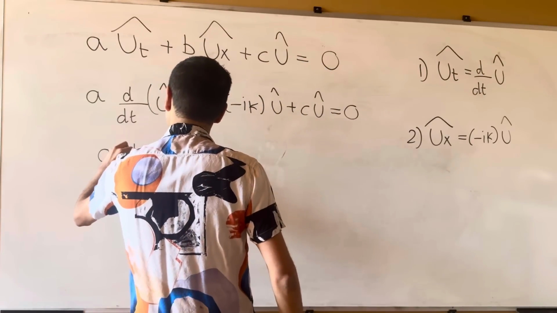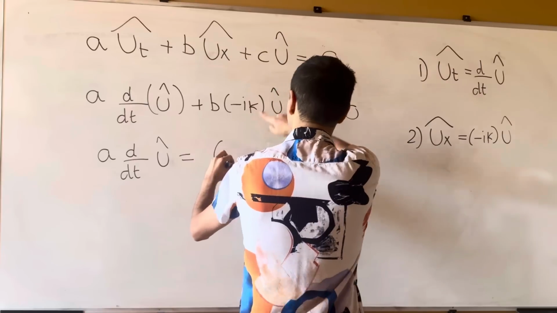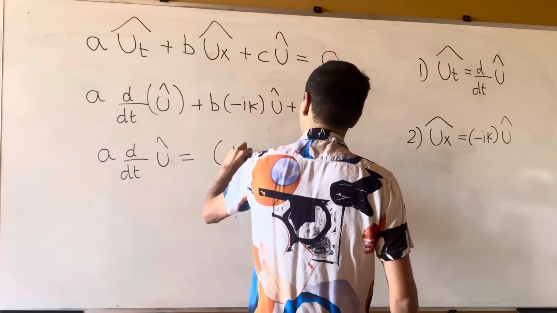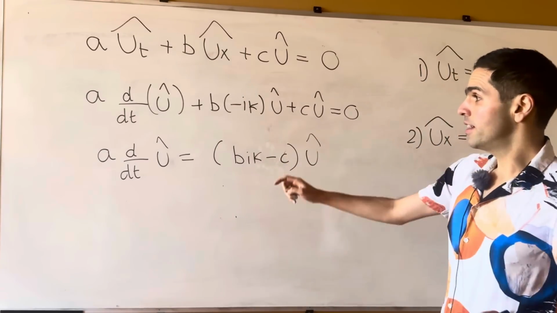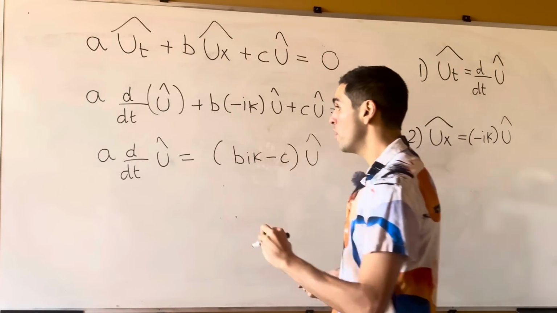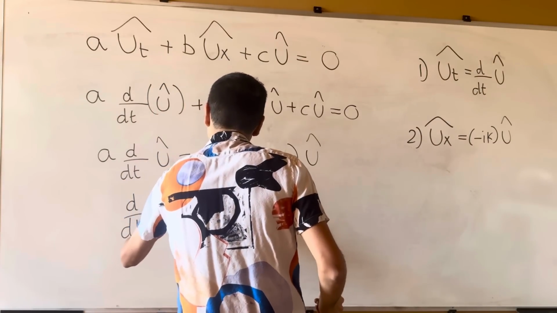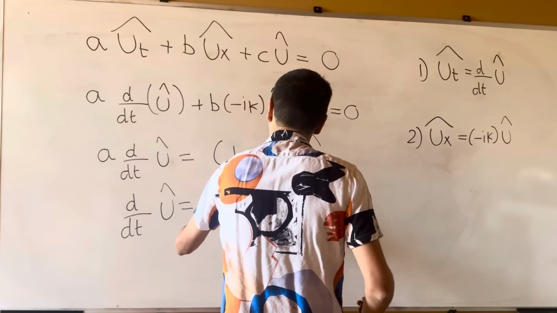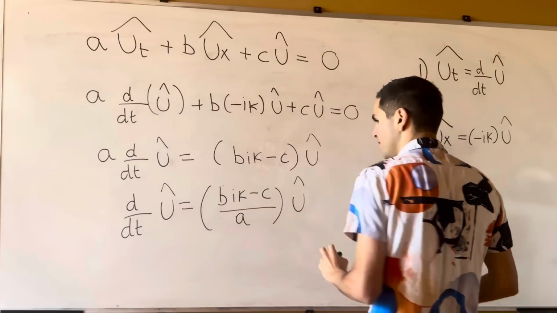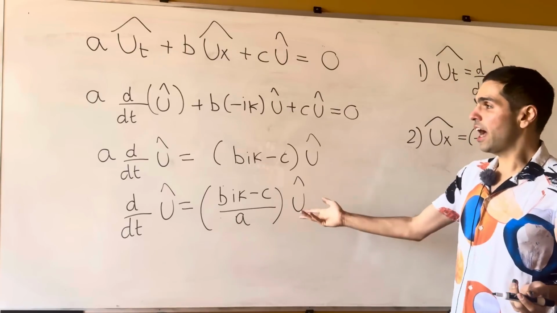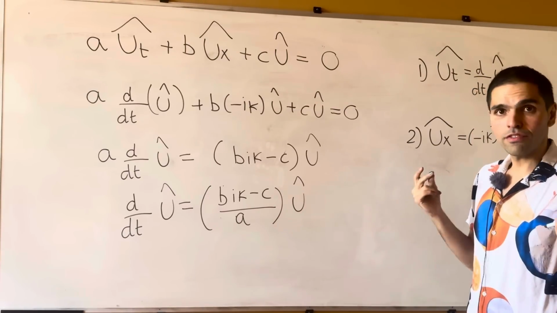So a d over dt u hat becomes, putting it on the other side, (b i kappa minus c) u hat. And remember, a is non-zero, and so we get d over dt u hat is (b i kappa minus c) over a times u hat. So that's very good. We now got an ODE in u hat, which we can solve.